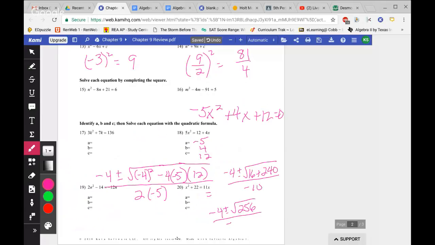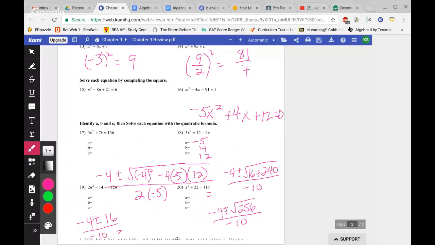We had that earlier too, didn't we? Yeah, I think number 18. So I feel like, what is that, 16 or 14 squared? I should know that. 16. Yep. Okay. So -4 plus or minus 16 over -10.